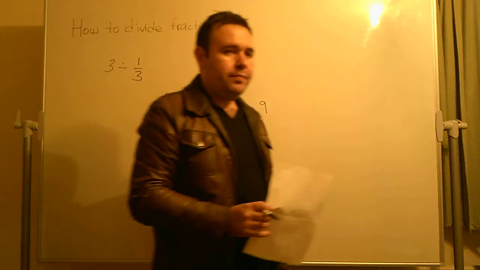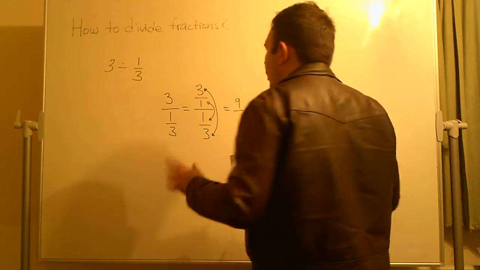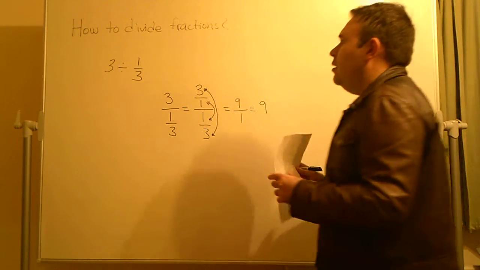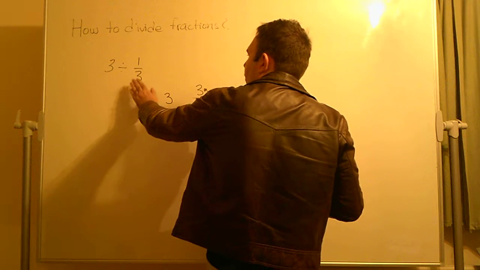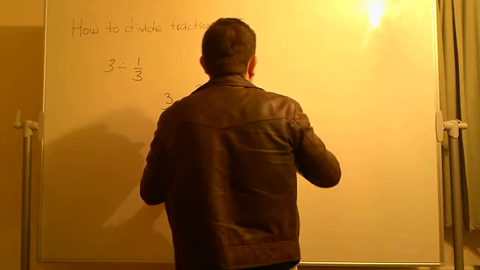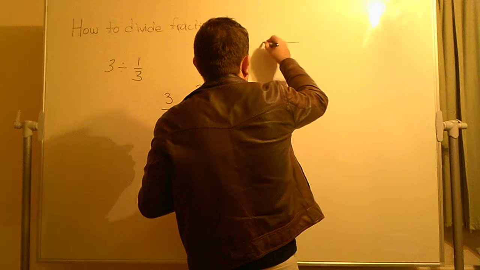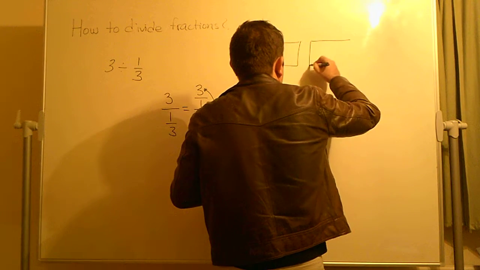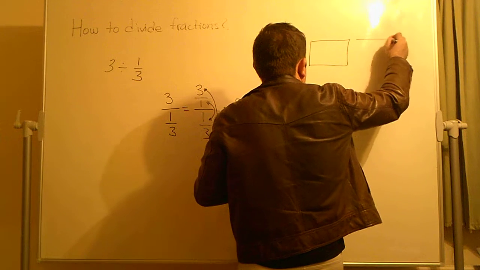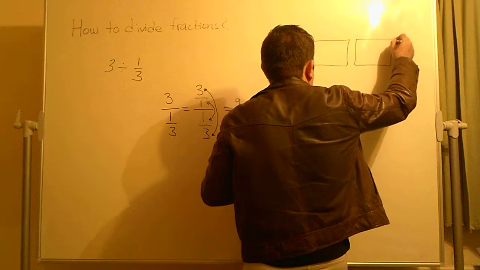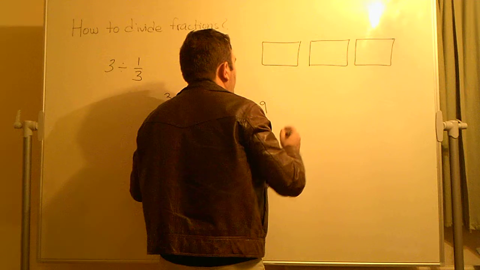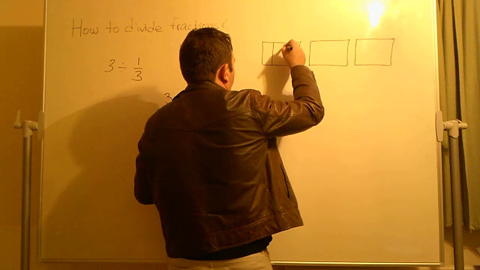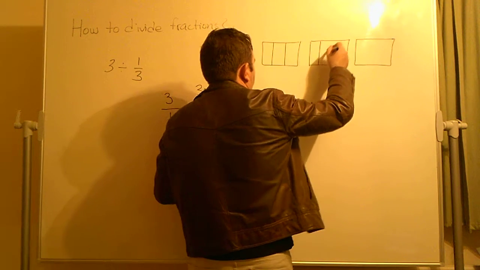But why? Well, basically what we are asking is how many times can we fit 1/3 into 3 units. So we need 3 units. 1, 2, and 3 units. And then we divide them up into 3 slices.